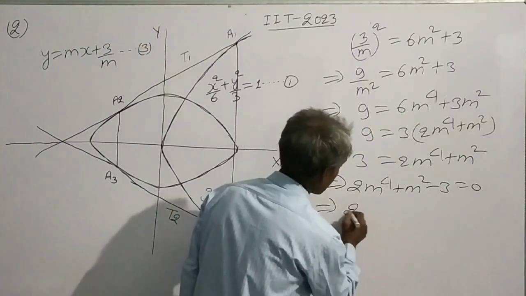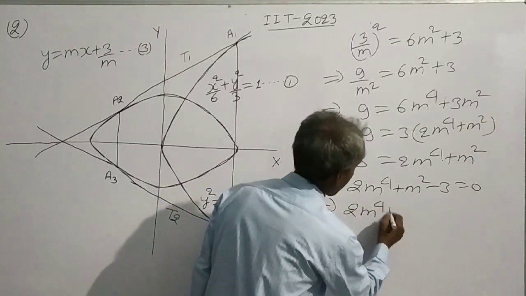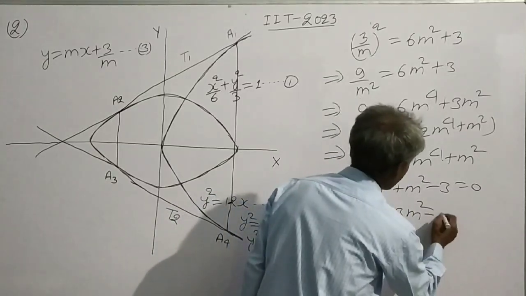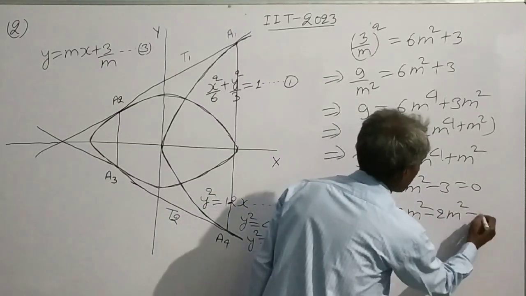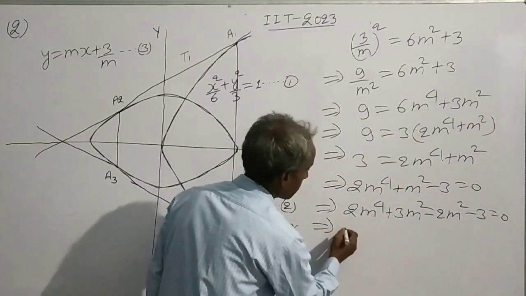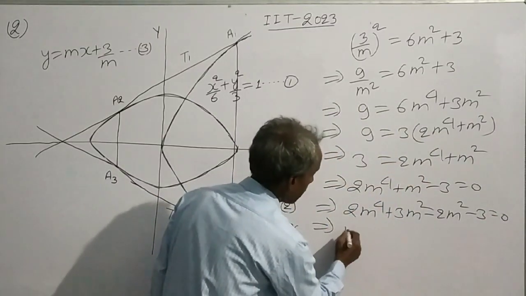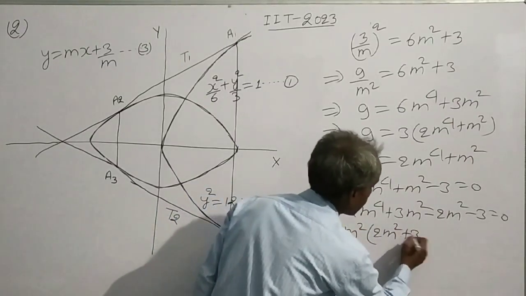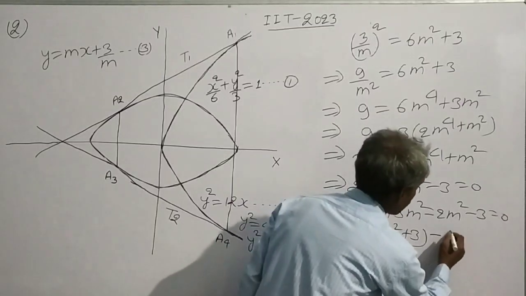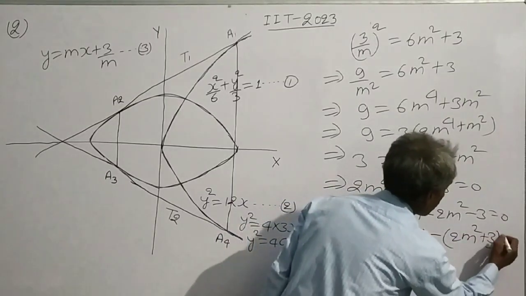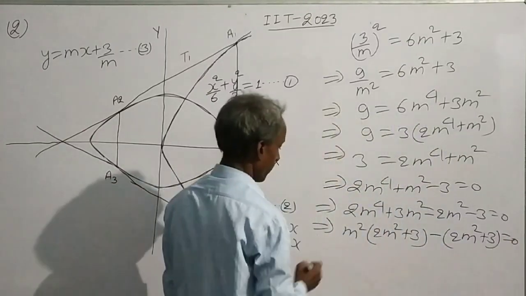This implies 2m to the power 4 plus 3m square minus 2m square minus 3 is equal to 0. This implies m square (2m square plus 3) minus (2m square plus 3) is equal to 0.